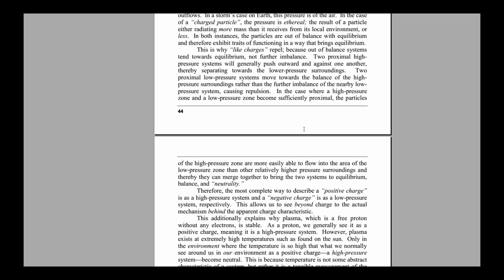Therefore, the most complete way to describe a positive charge is as a high pressure system, and a negative charge as a low pressure system, respectively. This allows us to see beyond charge to the actual mechanism behind the apparent charge characteristic.